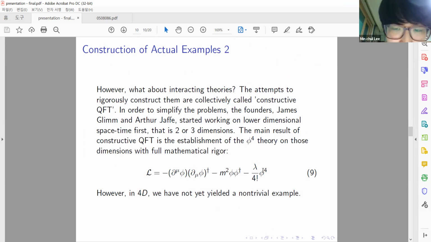I am under the impression that phi-4 theory is not directly related to the Navier-Stokes equations. Does this answer your question?